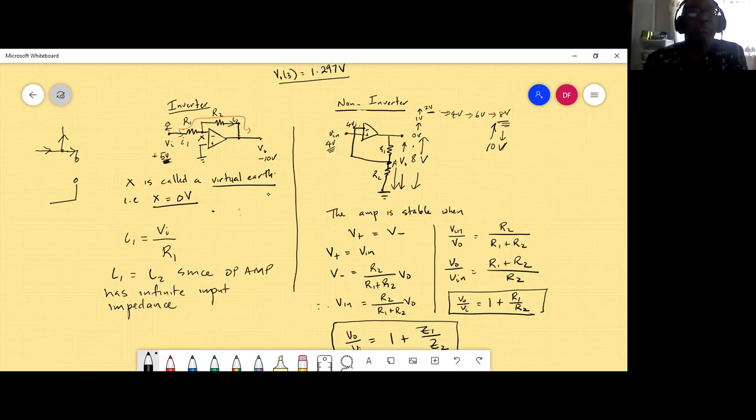But what is I2 equal to? X is 0, and the output is V out. So I2 is equal to 0 minus the output voltage over R2.